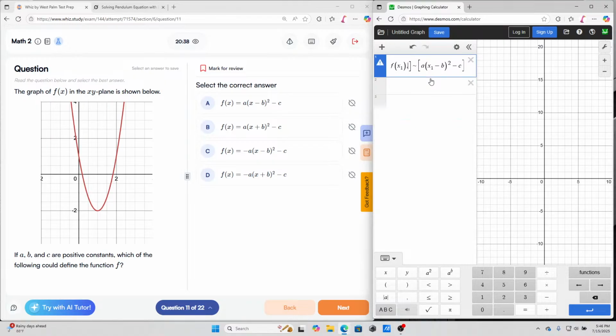Then at 0, or well, f of x is equal to 2, then at 2 it's equal to negative 2.